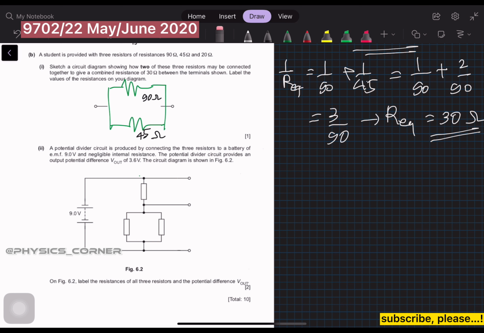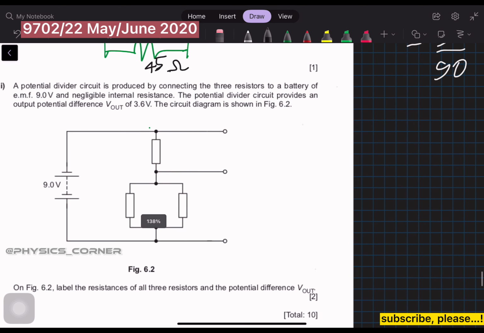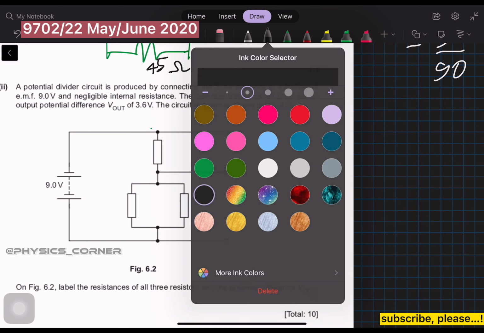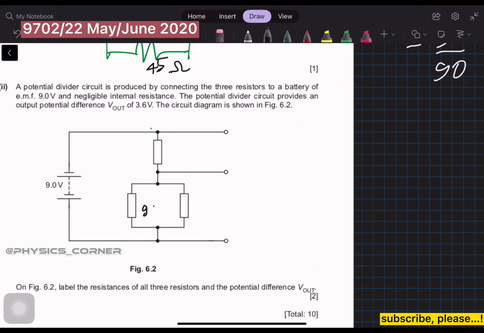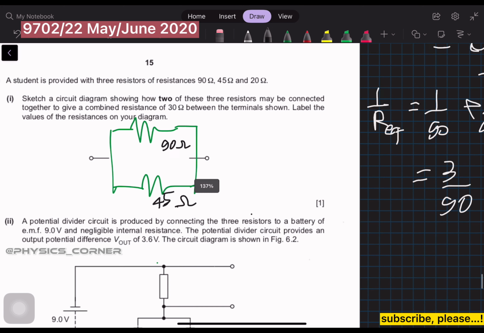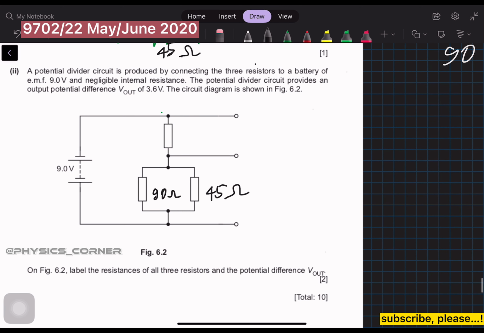Okay, so maybe here is 90 ohms and here is 45 ohms, and one more is 20 ohms.